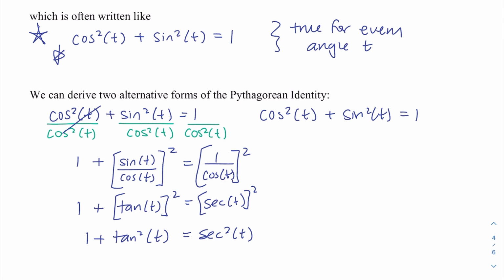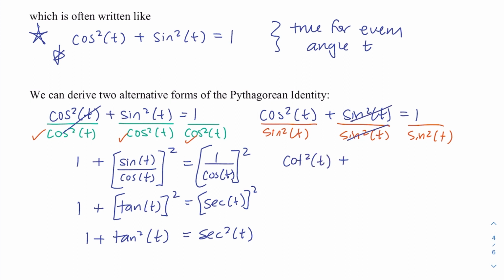All right, we can do it on the other side. Here we divided every term by cosine squared t. Over here, I'm going to divide every term by sine squared t. That'll work very similarly. So what's my result? Cosine squared t over sine squared t is going to give me cotangent squared t.